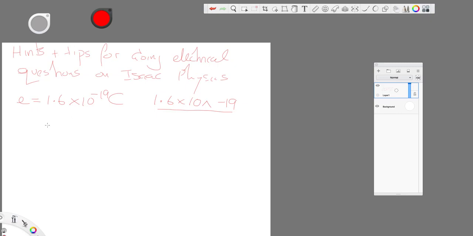Now, the second thing, Isaac Physics is very fussy about significant figures. So if, for example, you had a current of 6.0 amps and you had a time of, let's say, 32.5 seconds, and you wanted to know the charge that flowed in that time, you should know Q equals I times T, or charge is current times time.